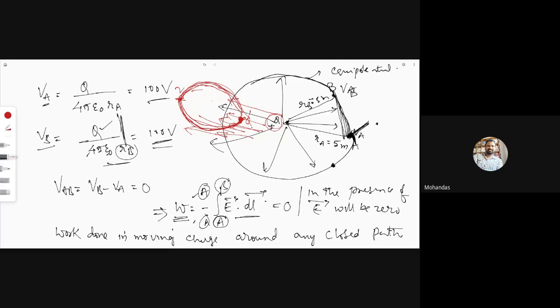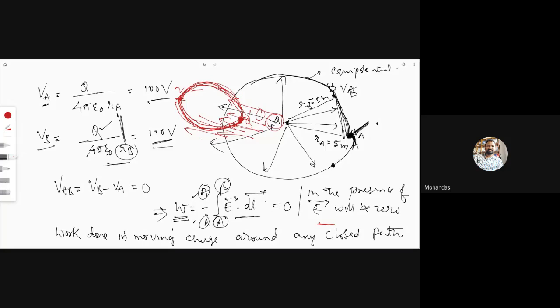So the total work done in moving a charge around any closed path in the presence of an electric field will be 0. This is the explanation. From here to here it moves without applying any external field, and from here to here we have to do some external work.